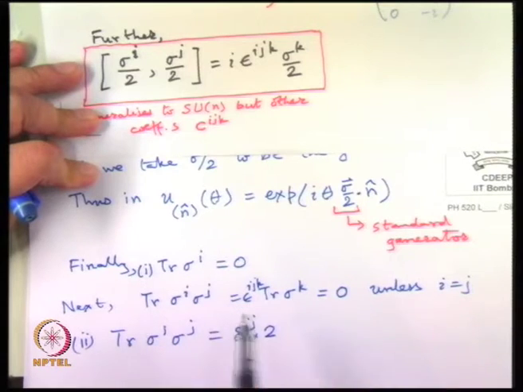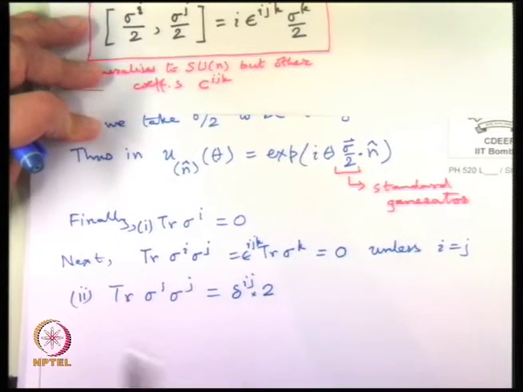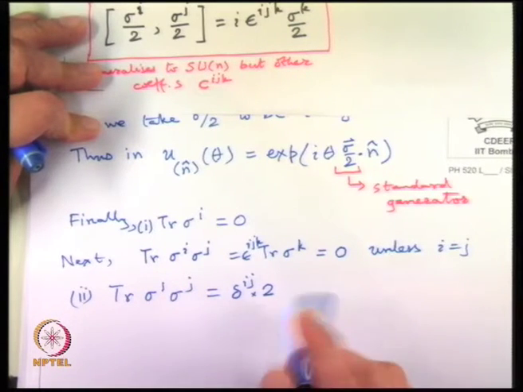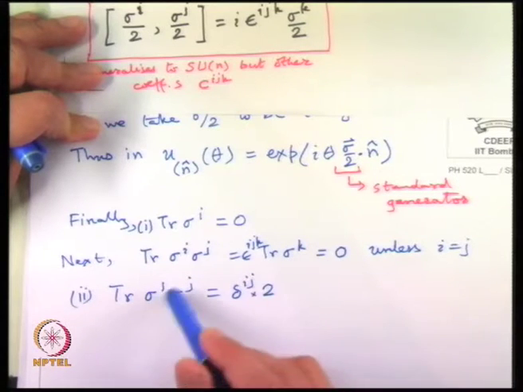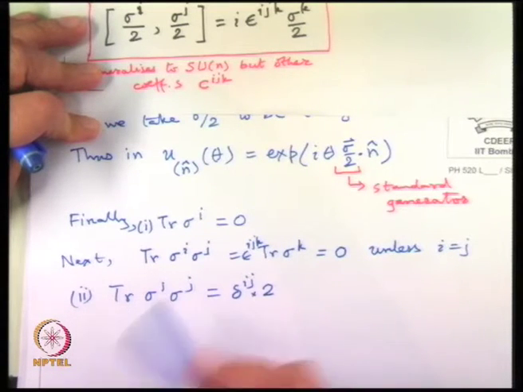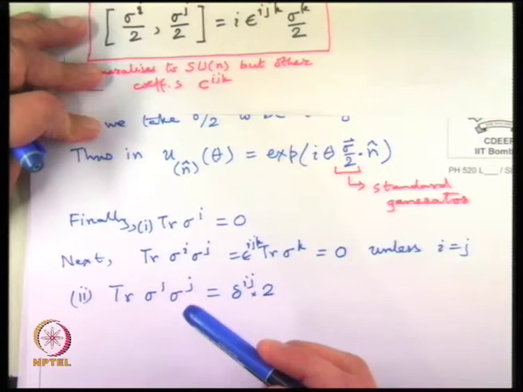Trace of an individual sigma is 0, and if you take trace of a product, then if i is not equal to j, we get trace equal to 0, and if i is equal to j, then it becomes the identity matrix in 2 by 2 matrix, so it will become 2.